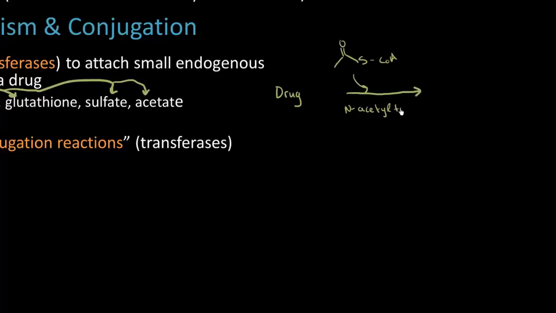In all of these enzymes that work in the system, we'll see the word transferase at the end of the enzyme name. And as a result, I get a drug bound to an acetyl group, and I have a CoA here as a byproduct.